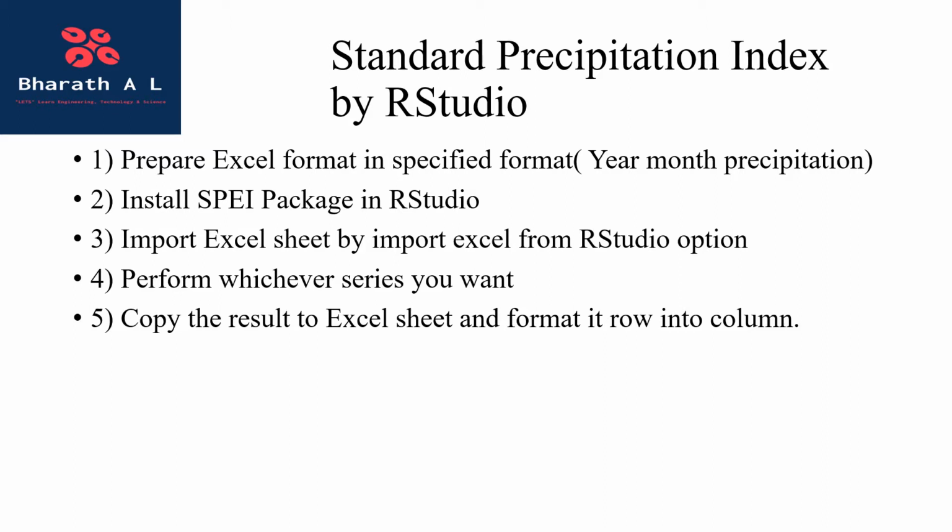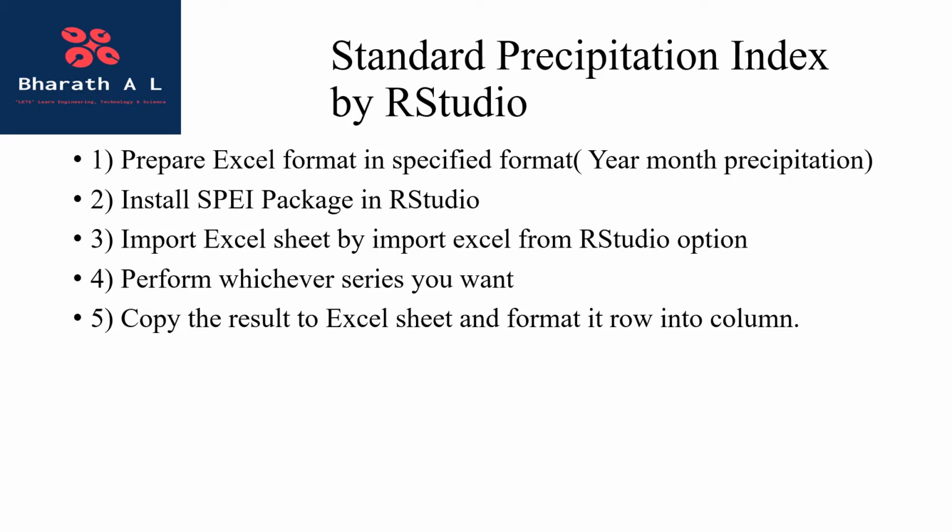It is not a lengthy or very difficult process, you should understand very simple codes that will be indicated in the packages. First, we have to prepare the Excel format, in which the first column consists of year, month and precipitation. Usually year. If we take 30 years of rainfall data, that will be 1980.